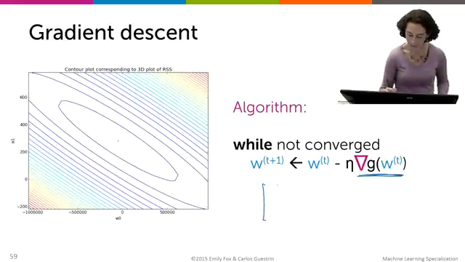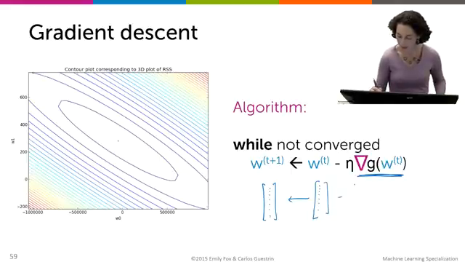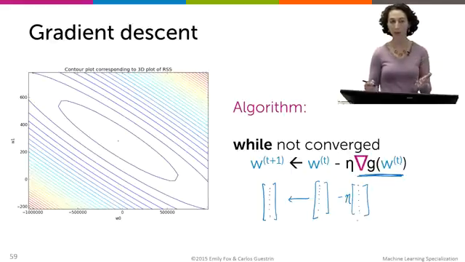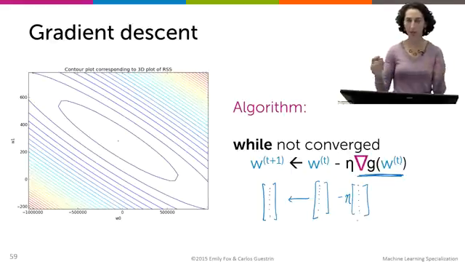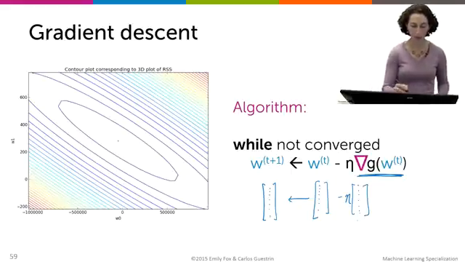So what we're doing is we now have a vector of parameters, and we're updating them all at once. We're taking our previous vector and updating with some eta times our gradient, which was also a vector. So it's just the vector analog of the hill descent algorithm.